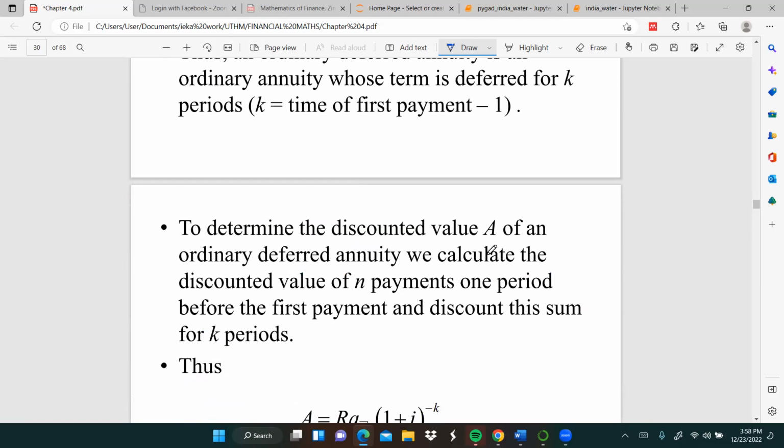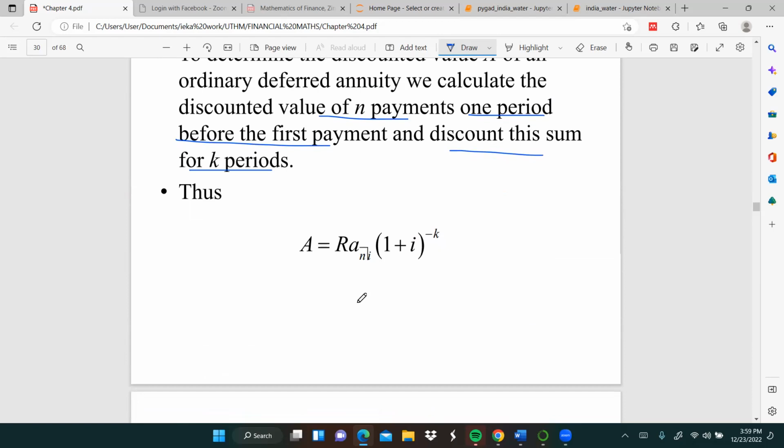To determine the discounted value A of an ordinary deferred annuity, we calculate the discounted value of n payments one period before the first payment and discount this sum for K periods. So for this case, A is R times A angle N at I, times 1 plus I to the power of negative K.